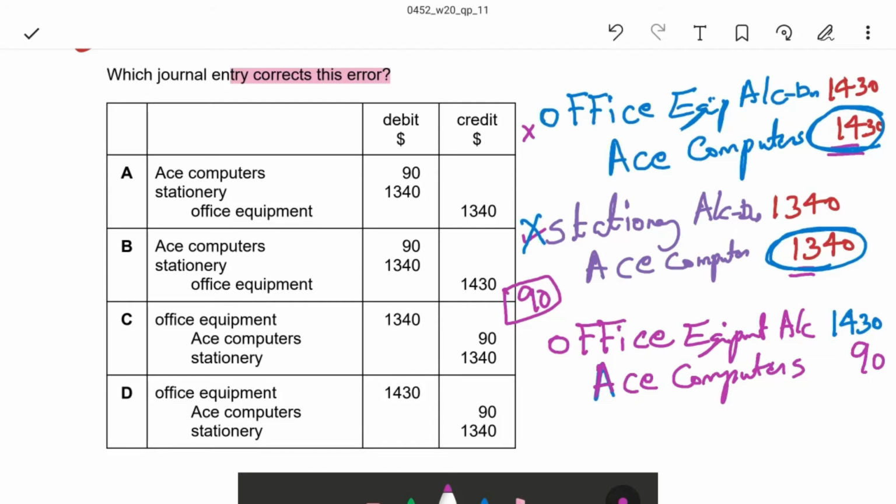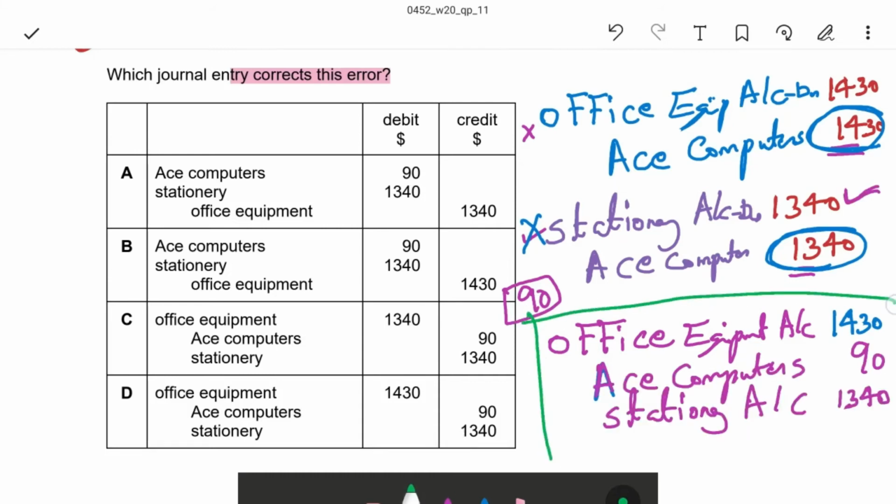Then stationery we remove: stationery account on the credit side, 1,340. So our correct entry is office equipment account debit, Ace Computers credit, stationery account credit. So the correct option is D.